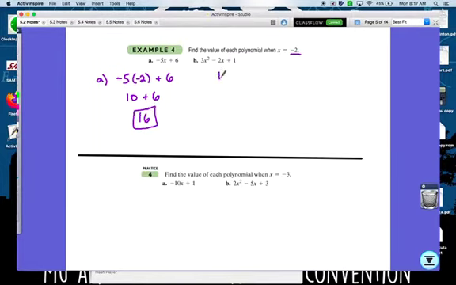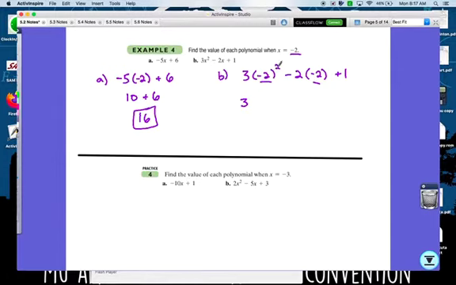All right, for B, we have 3 times negative 2 for the x squared, minus 2, and then the x will become a negative 2, plus 1. So notice I put the negative 2 in for x. Order of operations, I'll do exponents first.